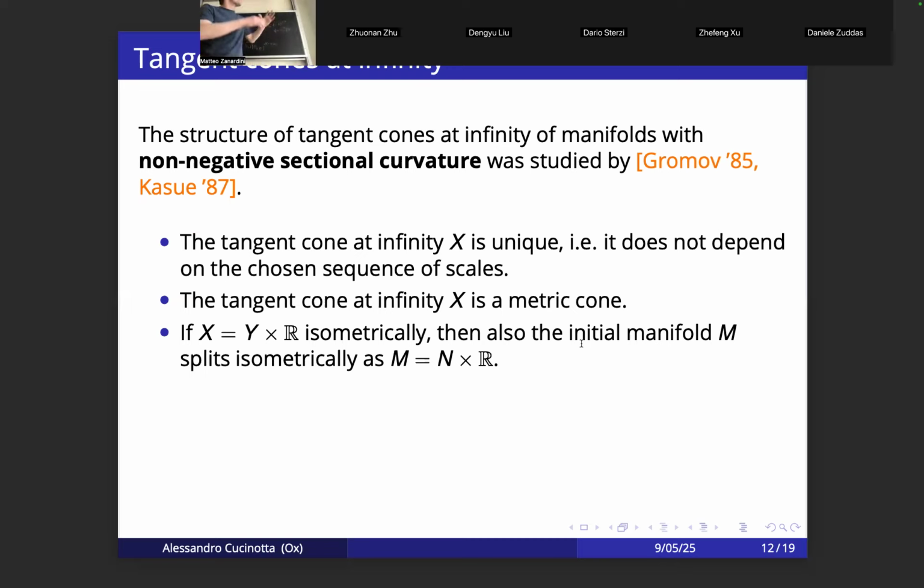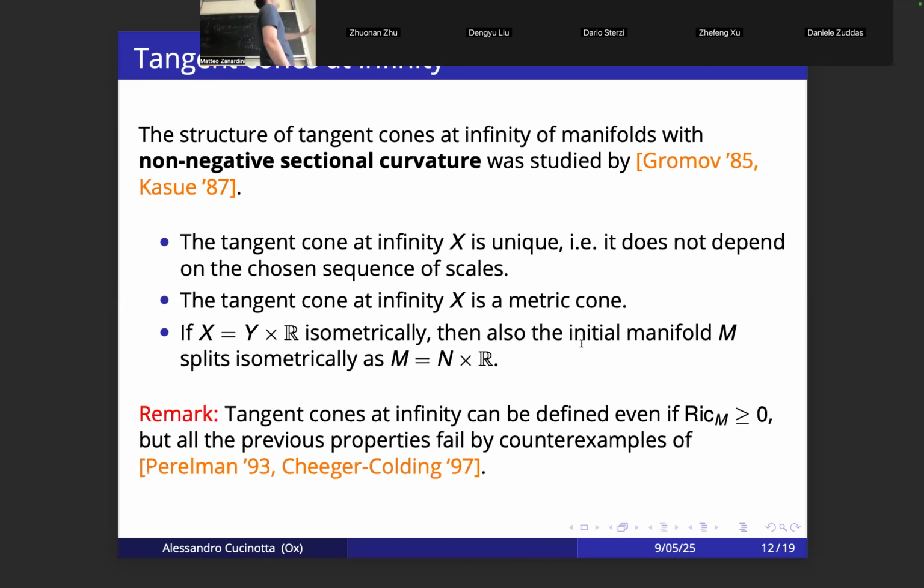As you can see, if we have in mind the proof of the main result by Gigli and the others in Euclidean space, it's not hard to see how this machinery can sort of replace their main tools. Important question: all these properties hold for tangent cones at infinity of manifolds with non-negative sectional curvature.